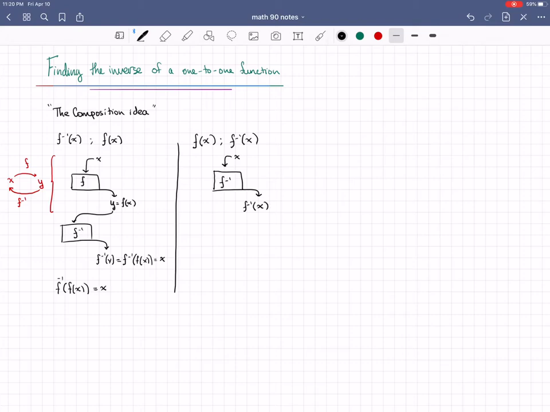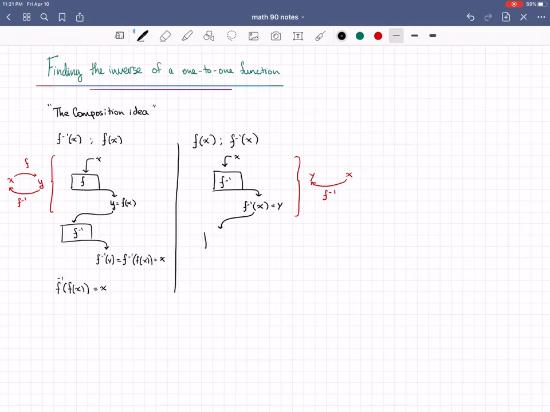So it comes out as f inverse of x, and again, let's call it y, just to have two different approaches to thinking about it. Now watch what we see here. In this first stage, f inverse takes x and sends it to y. So I'm going to put x here and y here, and I'm going to say f inverse sends x to y. Of course, it doesn't matter what order I write the arrows, but I think this order will make it feel more familiar to you. Again, rather than stop here, we're going to keep going.